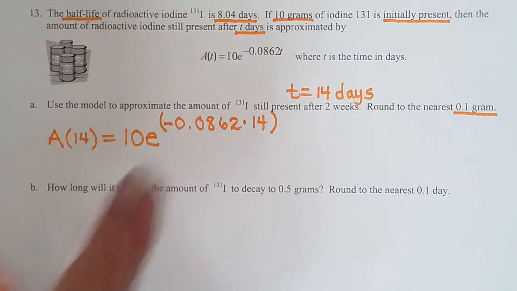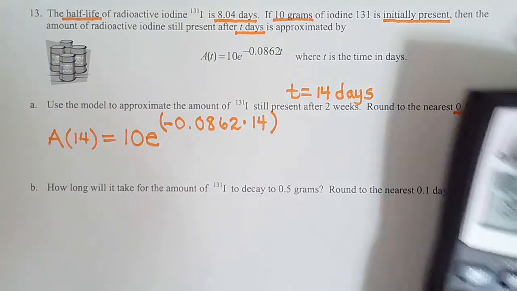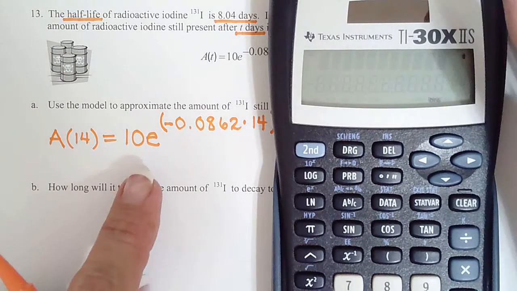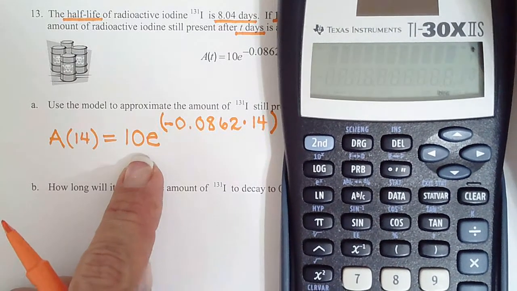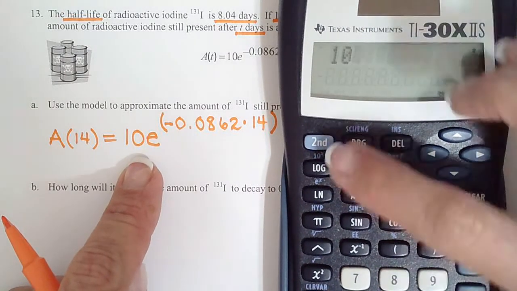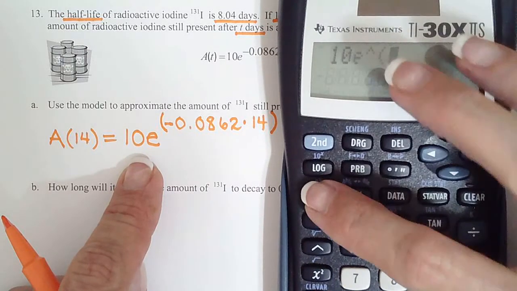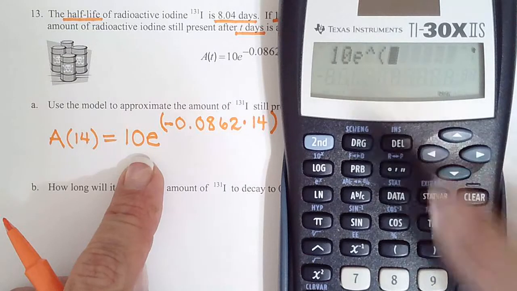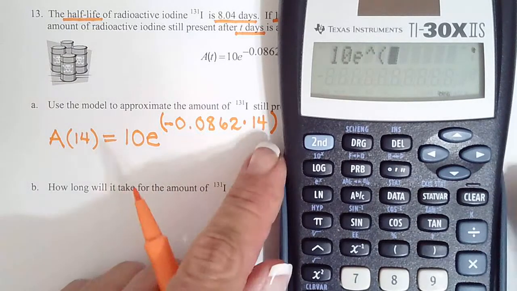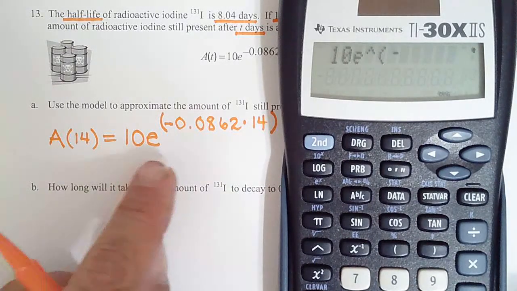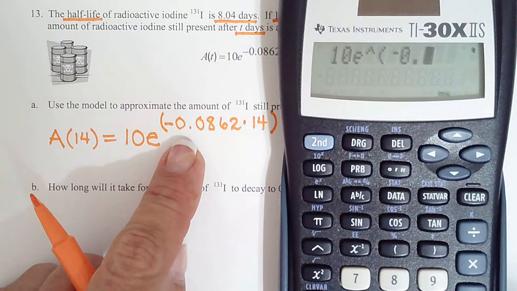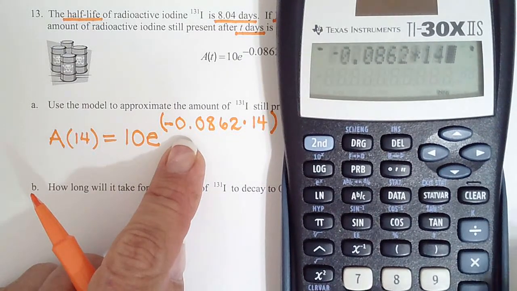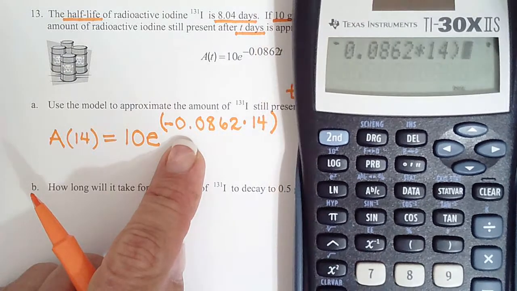So let's see how much of that 10 grams is left after 2 weeks. So just as before, you type it in just like you see it. So 10, and then you do second ln to produce your E. It gives you the caret, it gives you the parentheses, so don't forget your negative 0.0862 times 14, close.